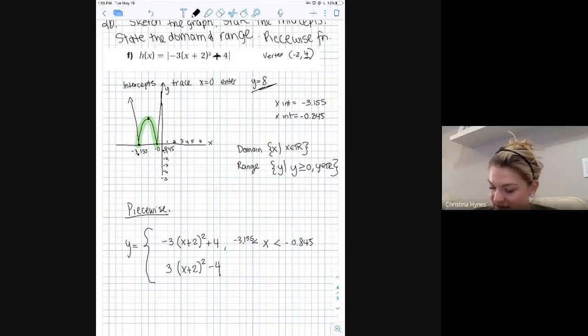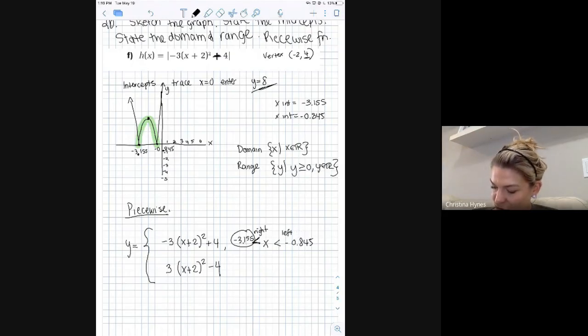So whenever you say x is greater than -3.155, that means you're looking at the right of this number. If you're looking at the right of this number, you use this symbol. And then it has to be on the left side of that x value. And here, this just means that you're on the left of this value right there.